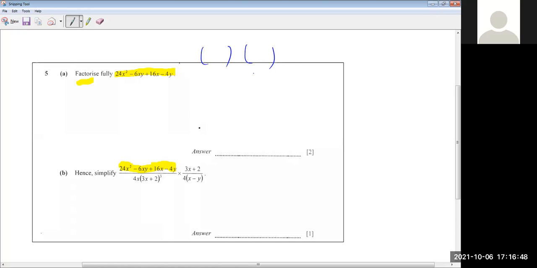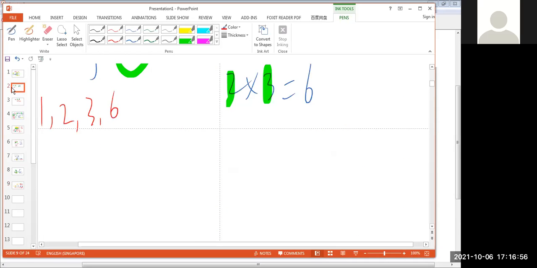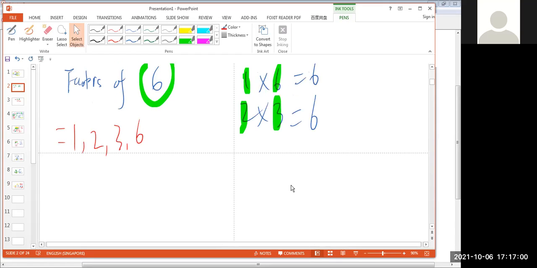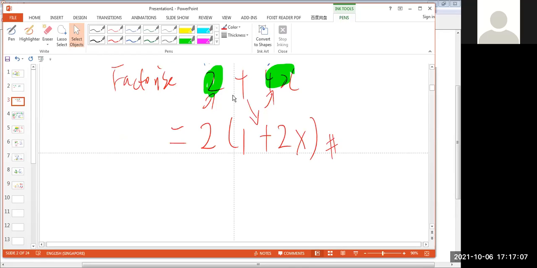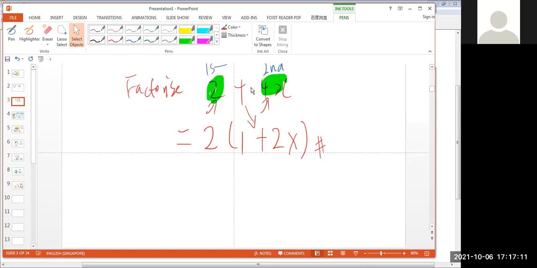If you refer to our work just now, this is factorized of one term, factors of 6, just one term. Then this is factorized of 2 terms. Can you see? 2 plus 4x, 2 terms.